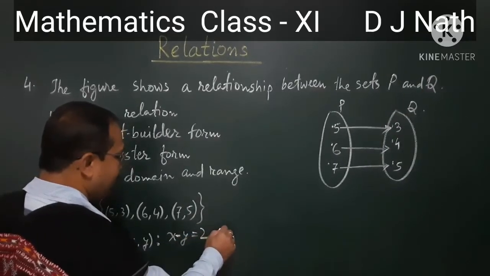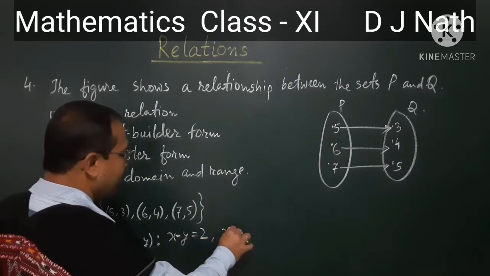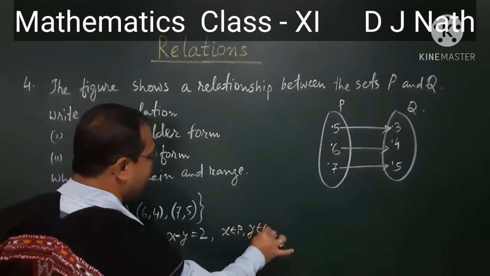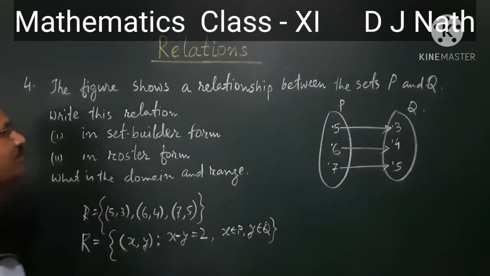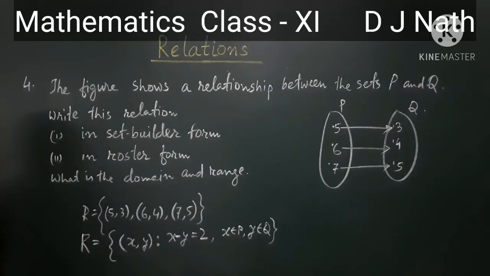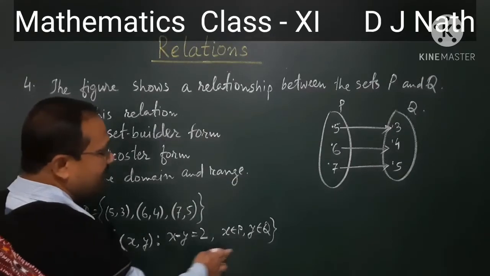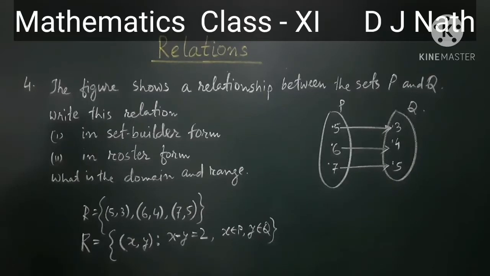And where x belongs to P and y belongs to Q. What are P and Q? P and Q are already defined. P is the set 5, 6, 7 and Q is the set 3, 4, 5. So this will be the relation in set builder form.